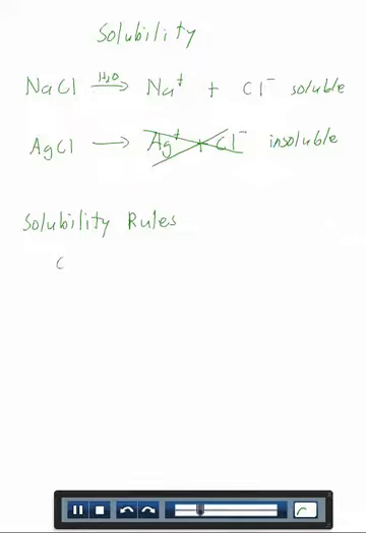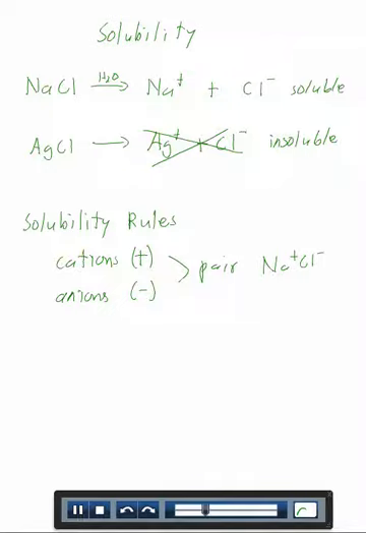So you have the cations, which are the positive ions, and the anions, which are the negative ions, and these can pair just like in sodium chloride, and some are soluble, some are insoluble, depending on the possible pairings in water.